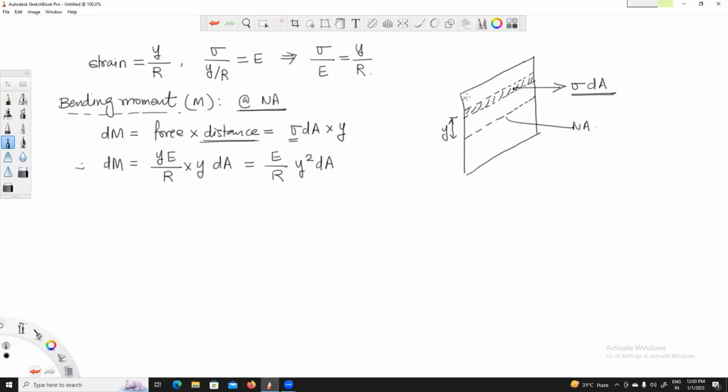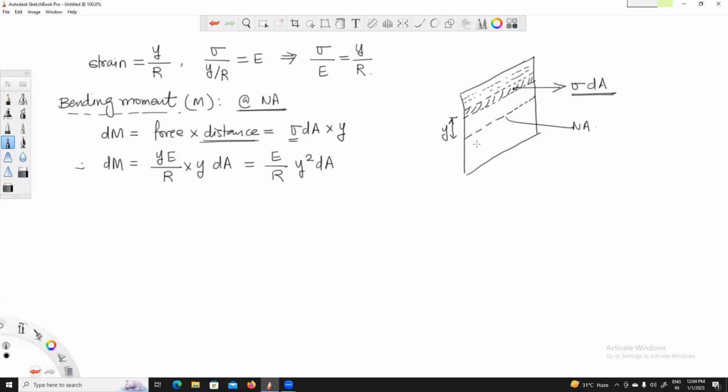This is due to this particular fiber, this particular small cross section. You would have another fiber over here, which will have another cross section. So you have to consider bending moments from all of these. Basically you have to sum all these bending moments due to the whole set of fibers on this particular cross section. Either you can do it as a summation, or as this is a continuum body, we have to integrate.